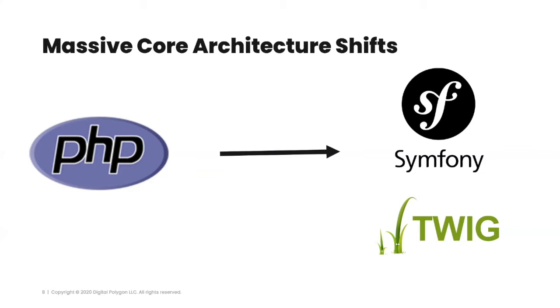So we've standardized on Symfony, and we've standardized on Twig for the front end. Symfony is a well-known PHP framework. It's used for a lot of other applications. And Twig is also a very popular front-end theming engine. But this means that the upgrade process for core and for modules was not easy because of these core paradigm shifts.